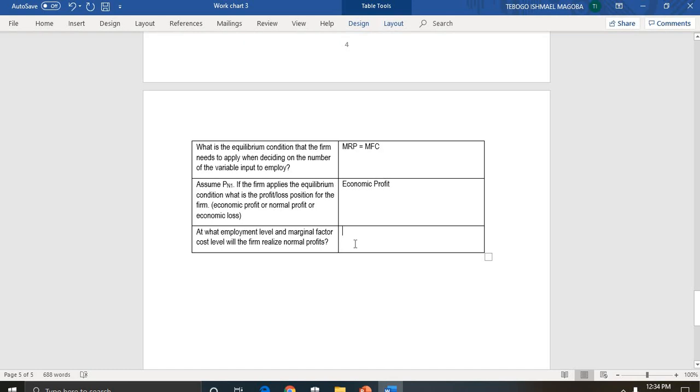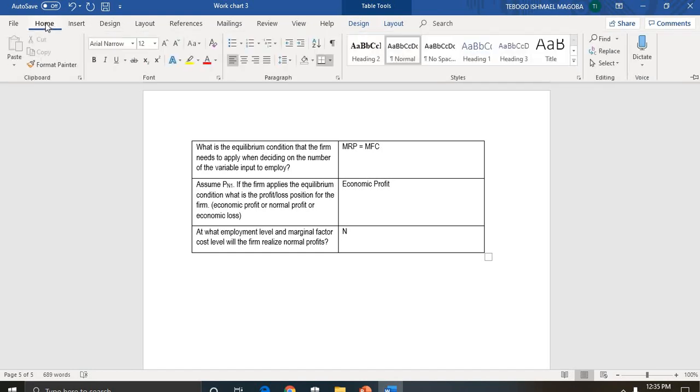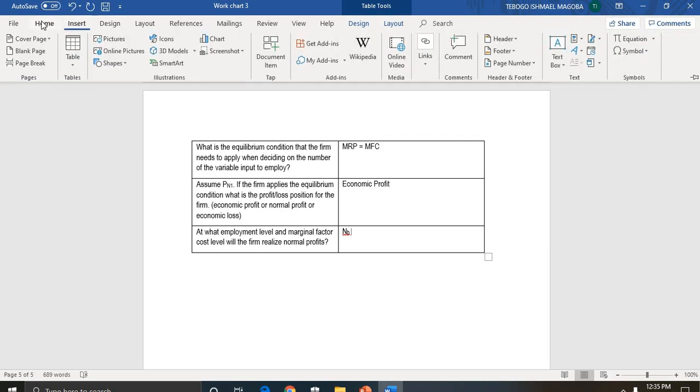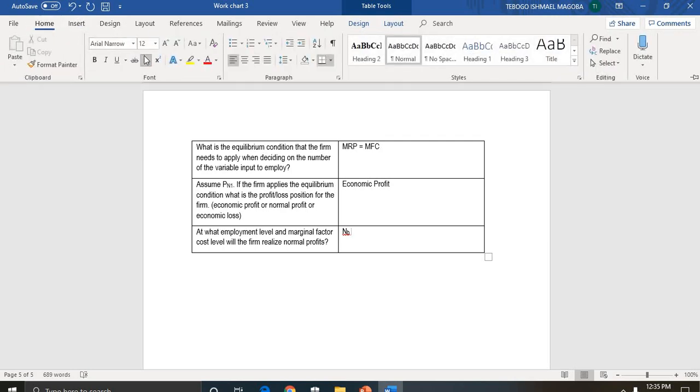So they said at what employment level and marginal factor cost level. So the employment level is NB. Okay, let me write the B so that you don't get confused. So it's NB.